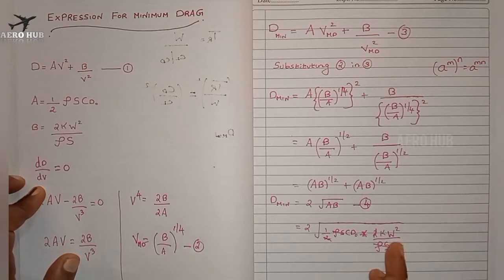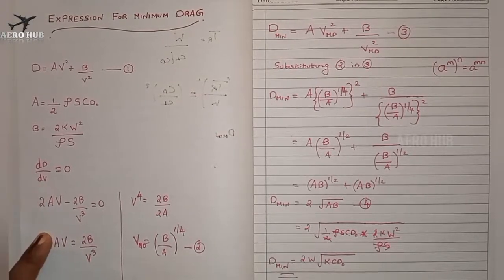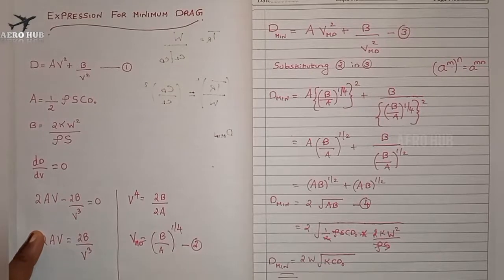Finally I have W square inside the root, which comes out, so it will be 2 W into root of k C D naught. This is the expression for minimum drag.